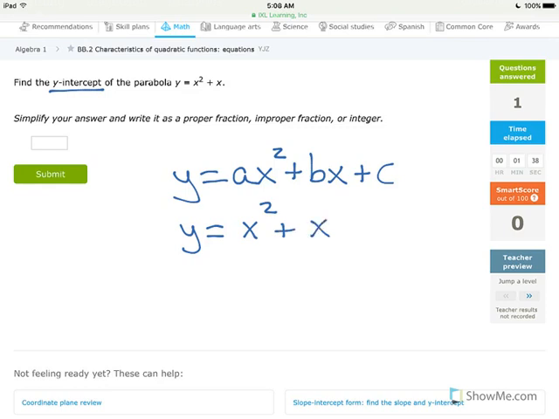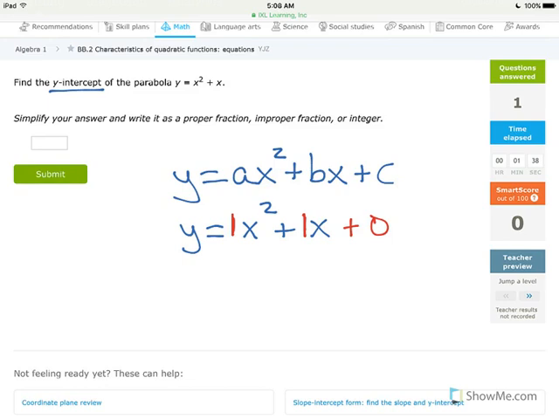So we need to make sure we can identify the a, b, and c values before we really work with the standard form of the equation. So the a value would just have to be a 1. If there's no number there, it would just be times 1. So a happens to be 1. B would happen to be 1 times x. And the c, in this case, happens to be 0 because there's nothing there.